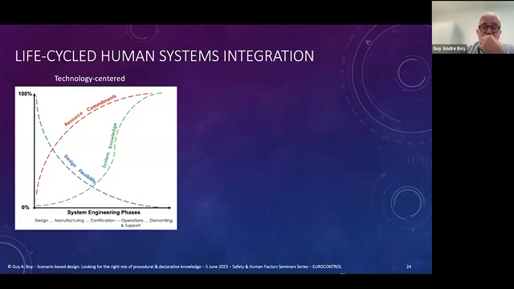To remind you of some things I said in one of my webinars last year: when you deal with life cycle human systems integration, life cycle meaning you go from design to manufacturing, to certification, to operational support and dismantling, then with the technology-centered approach, most of the time people commit too early on the resources.